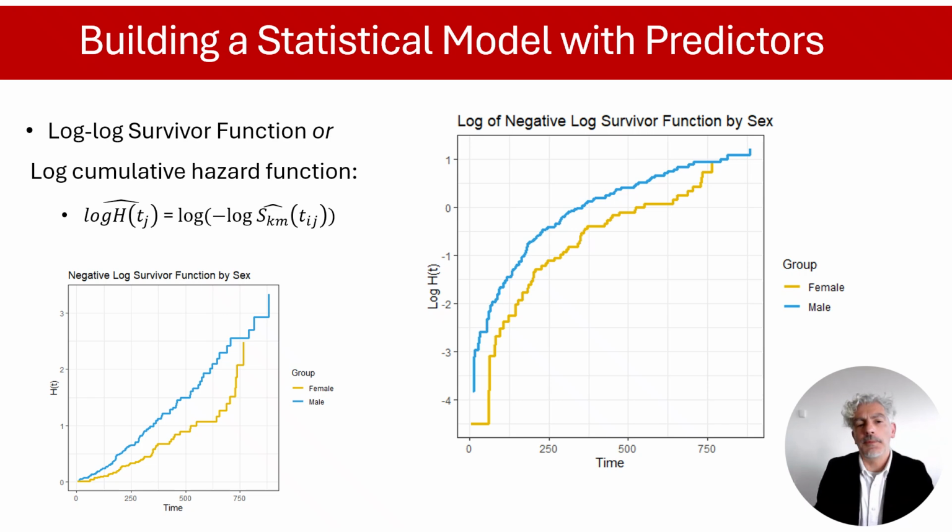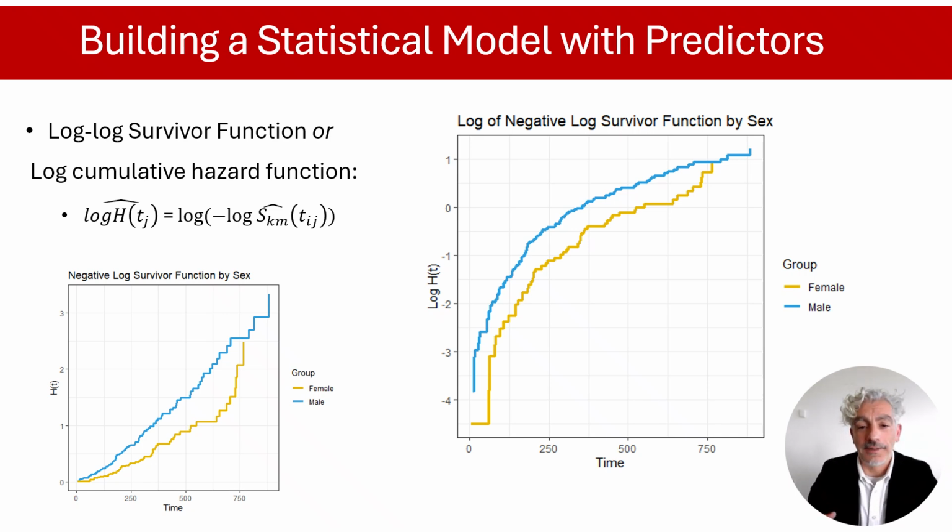And again, it might seem quite convoluted, the idea to take the log of a log. But here I show how the log of the negative log survival function transforms the distribution. On the left side of the slide, you can see the negative log survival function.